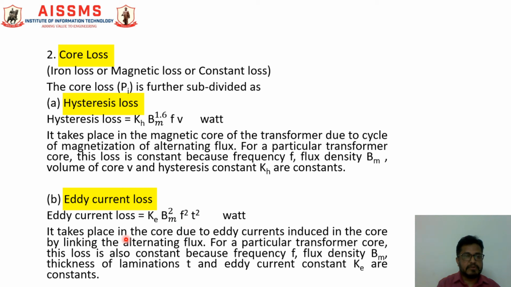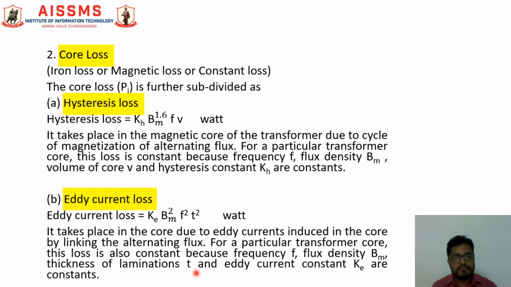This eddy current loss takes place in the core due to eddy currents induced in the core by linking the alternating flux. For a particular transformer, core loss is also constant because frequency F, flux density Bm, thickness of laminations T and eddy current constant Ke are constants.